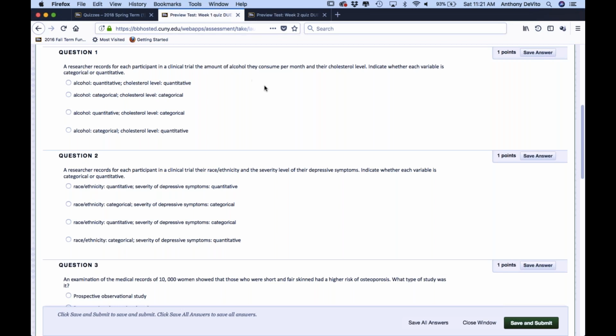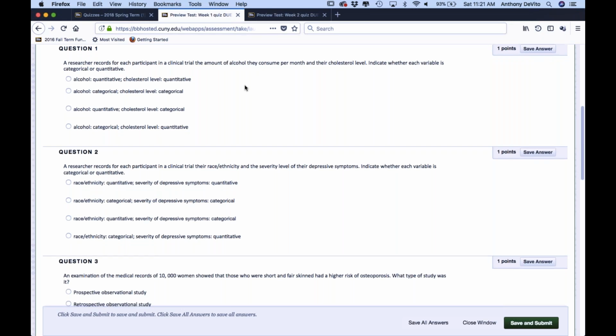So we have a choice of basically 3 different kinds of variables: categorical, or nominal, if you want to call it either one of those. Scalar, or quantitative, or numerical, all 3 of those basically mean the same thing. I mentioned scalar because SPSS tends to use scalar.